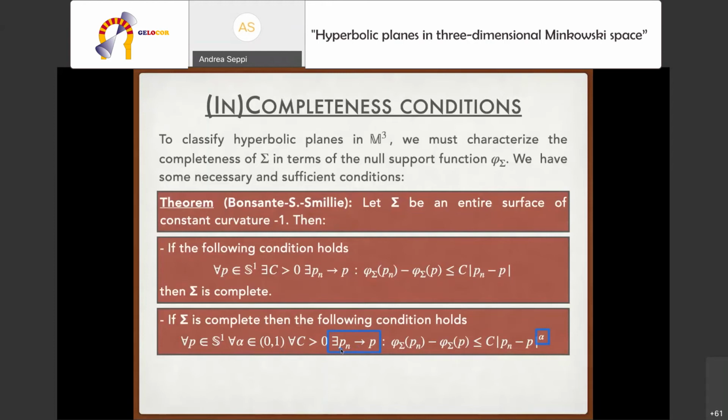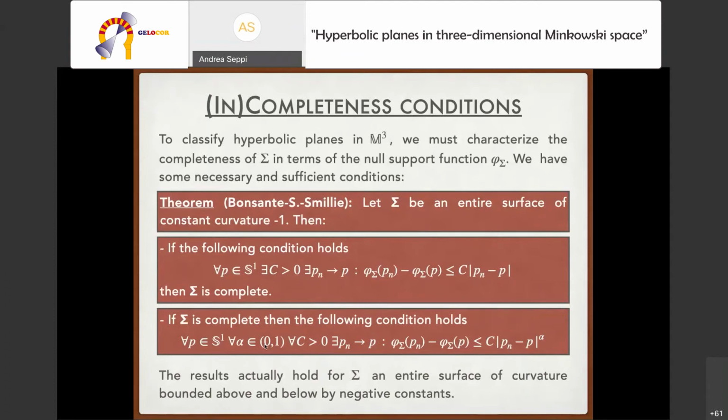Then we can find a sequence approaching P on which the null support function is less than Cx to the alpha. So you see there's a gap from here to here, not a huge one, because here we have alpha equal to 1, and here alpha between 0 and 1, so there's still a gap, but it's much thinner than we thought before. And just a side remark that these results do not quite assume that the curvature is constant. It suffices that the curvature is negative and bounded above and below by negative constants.